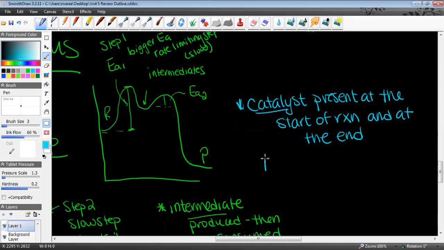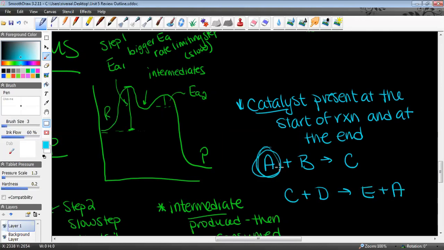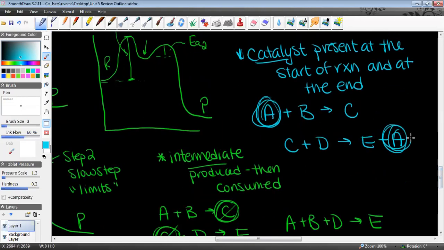So for example, if we had A plus B making C, and then C plus D making E and A. See how A is present at the beginning and it's present at the end? This would be a catalyst.